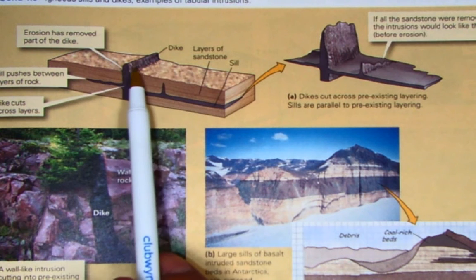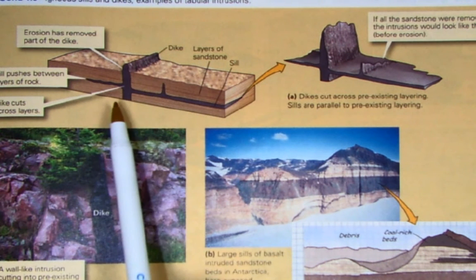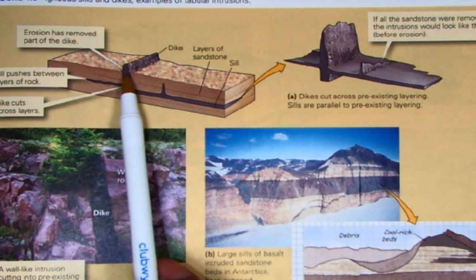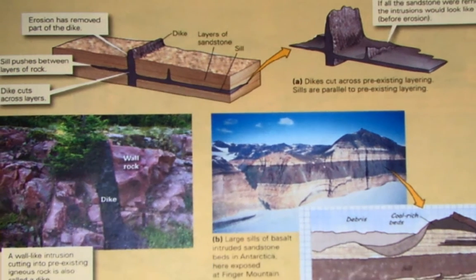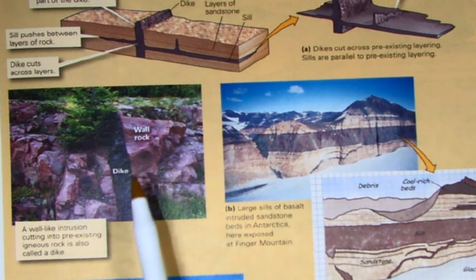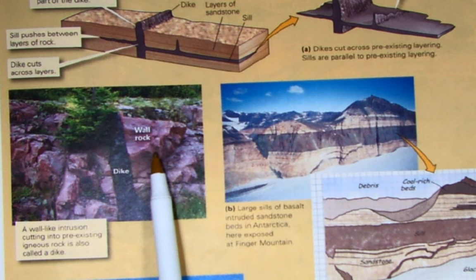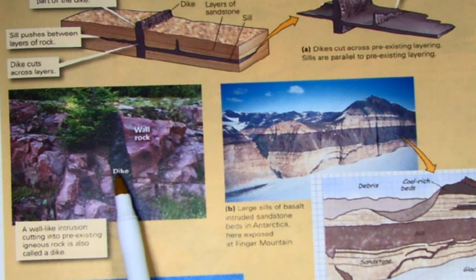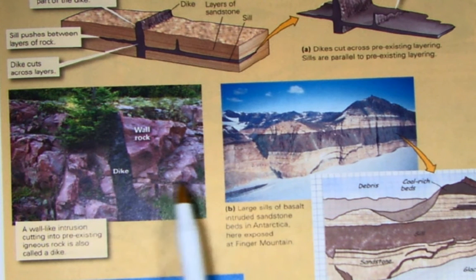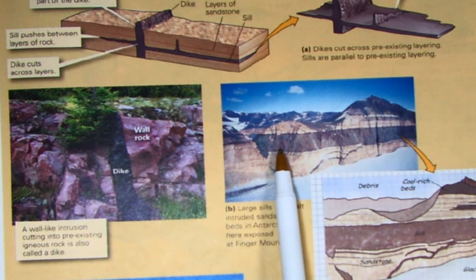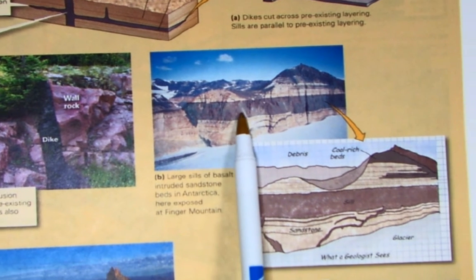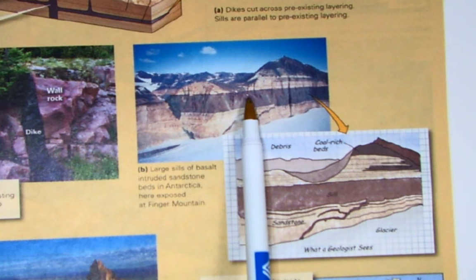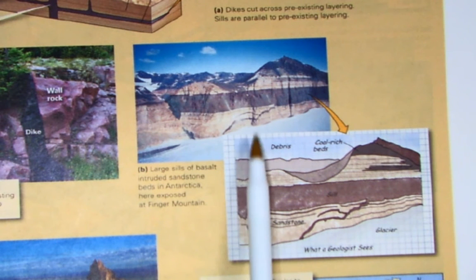And remember, it is a tabular feature, and note that it cuts across the strata. It's discordant, right? And here's another picture showing some pre-existing country rock or wall rock where a dike intrudes, cutting across through it. And here is a large-scale intrusion of a sill that is several meters thick, but it's going parallel to the country rock, to the wall rock.